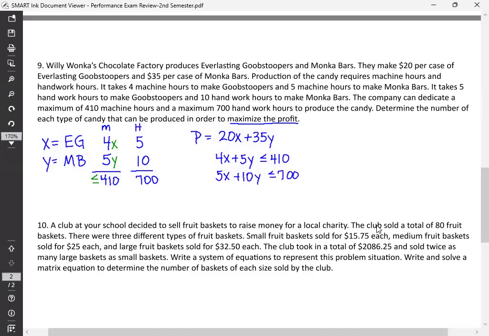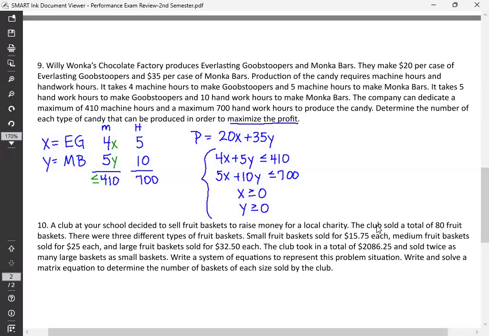And then because nothing in the problem says that we can't have negative gobstoppers or Monka bars, I need to do those general constraints and say that x and y cannot be negative. They have to be greater than or equal to 0. So those are my constraints.